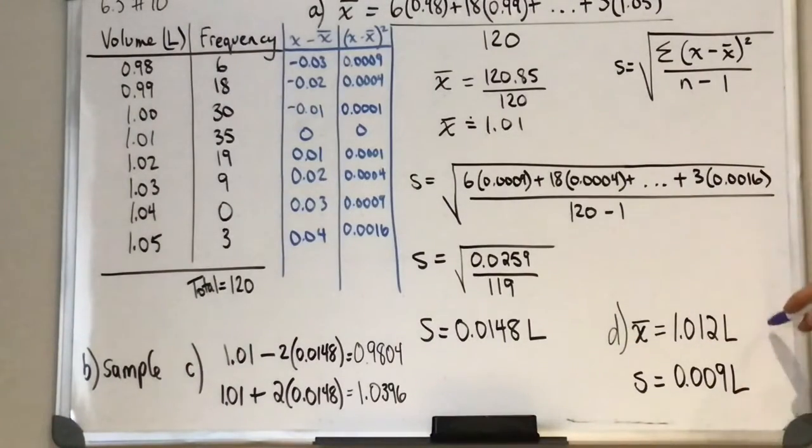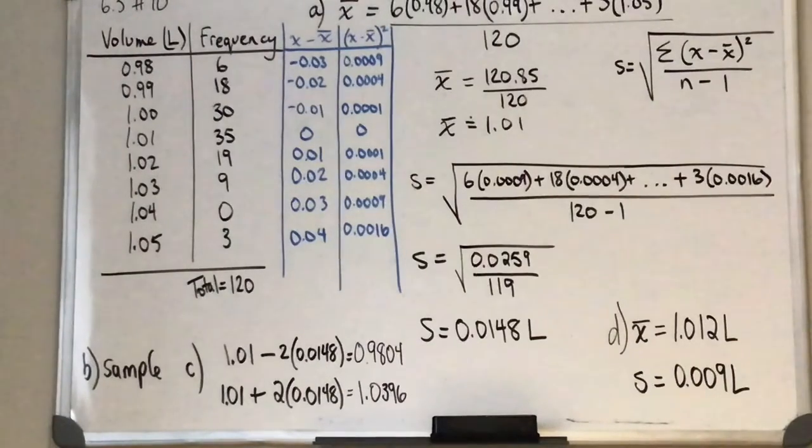I think the company would be happy with this, because if we have a smaller standard deviation and a higher mean, then that means we're going to have more acceptable 1 liter cartons of milk. It'll be less likely to have a carton that is below 1 liter.